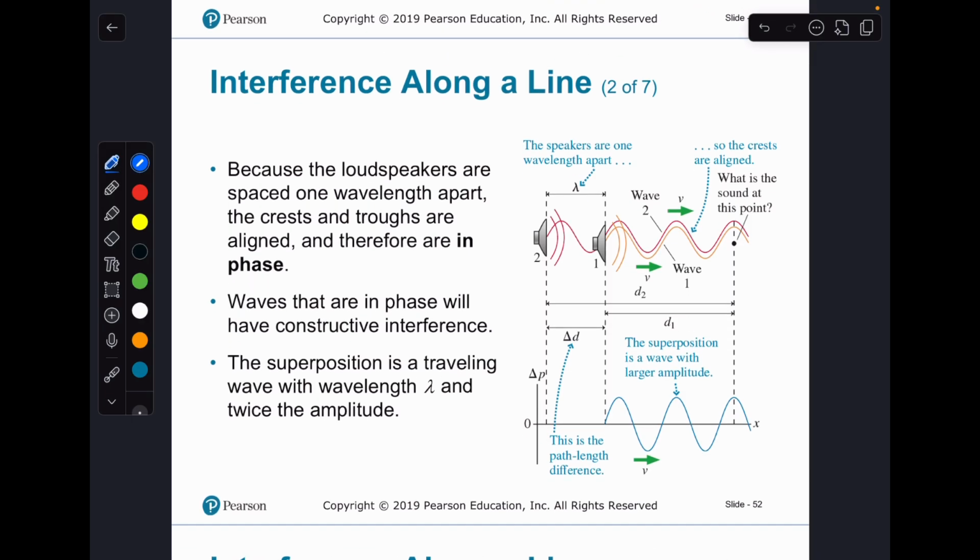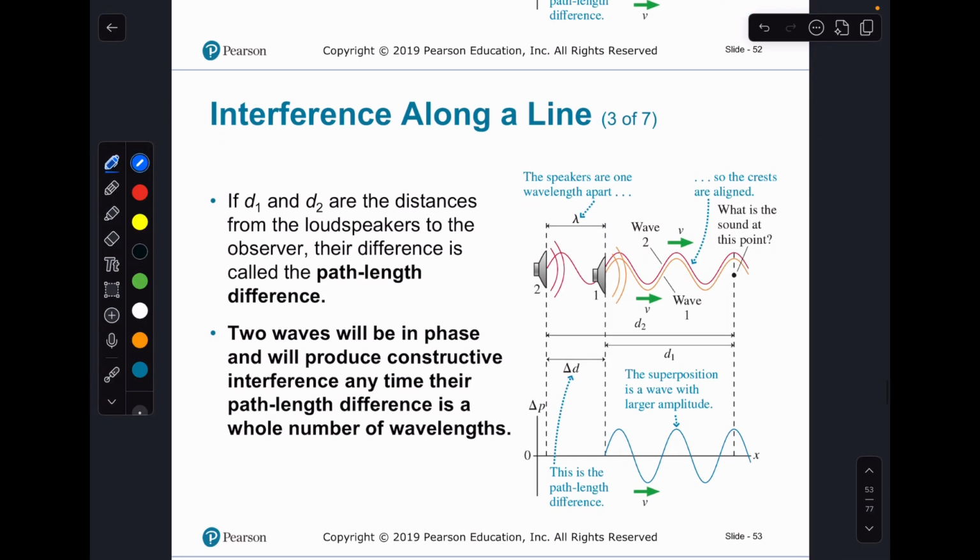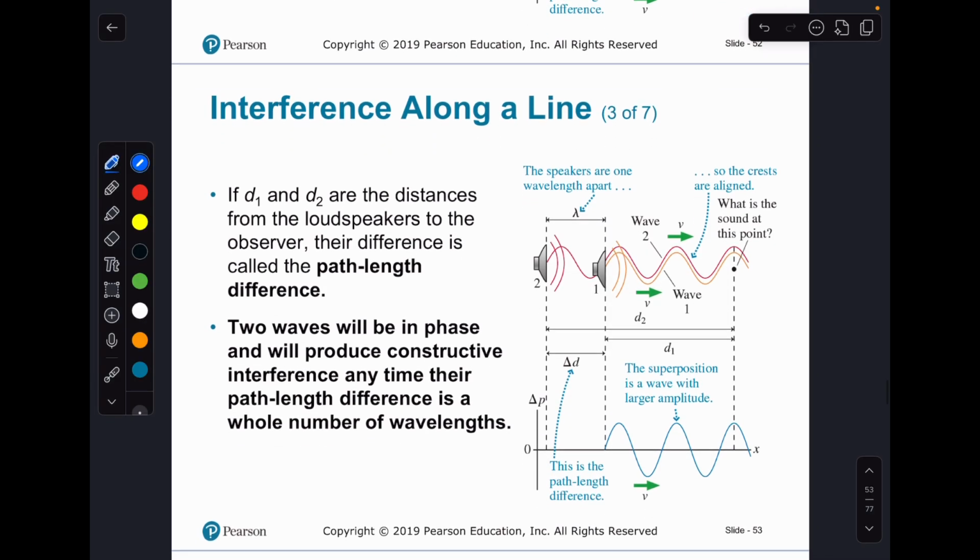And what we say is that those waves are in phase with each other. Okay? When the crests and the troughs are aligned, those waves are in phase with each other, and you will have constructive interference. So in other words, the distance between the speakers, we are going to call the path length difference.